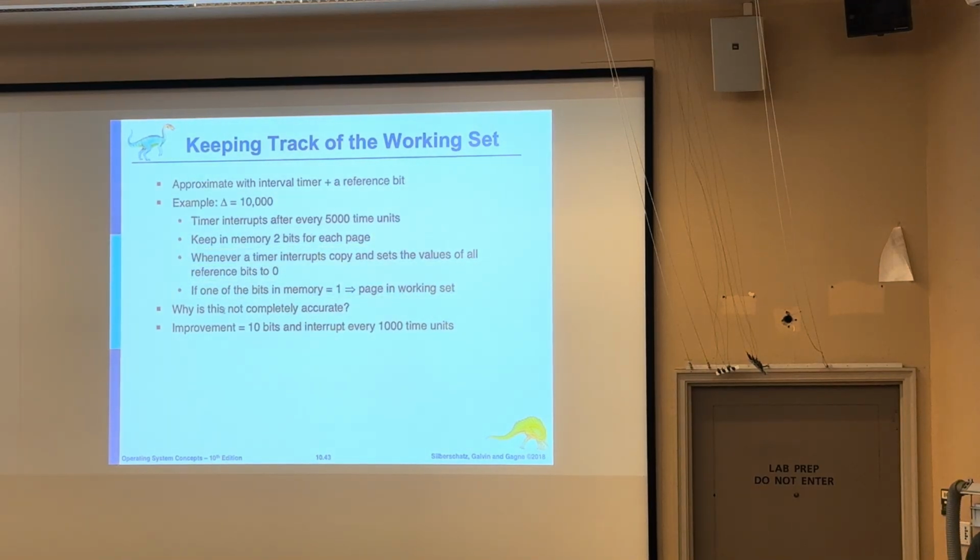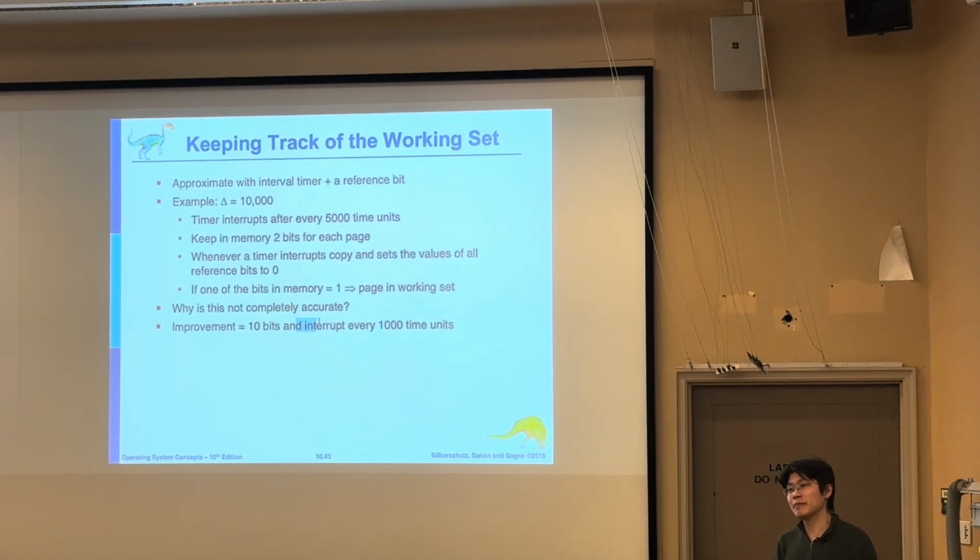Of course, it's not completely accurate because you don't know how frequently every page is accessed. During the past 5,000 time units, maybe some pages were accessed 1 time, but other pages were accessed 100 times, and obviously they are not the same.